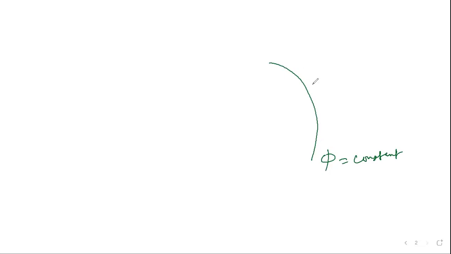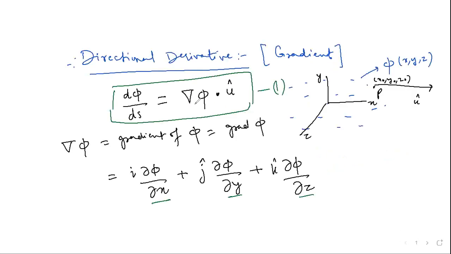Now let this be the direction of my unit vector, right? And let me use another color. Let this be the gradient of phi. This vector be gradient of phi. Now from the equation first, this is just a dot product, and you know the definition of dot product.